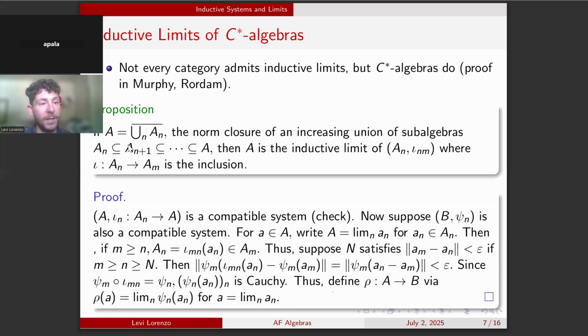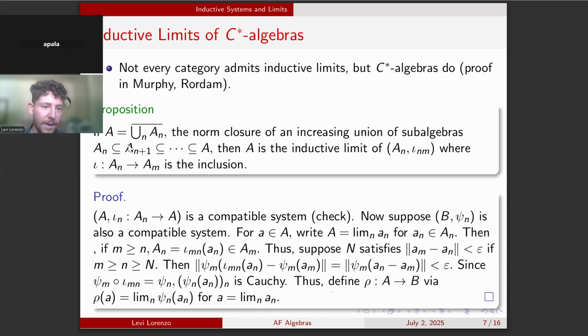Then we can show that under the map psi, these elements are also Cauchy, and therefore the limit of the images under each psi_n is also Cauchy. So we can define this map rho from A to B by passing these psi_n's through the limit. So rho of a is equal to the limit of the psi_n's of a_n, when a was the limit over the a_n's.